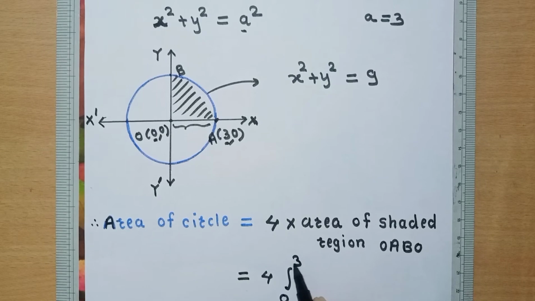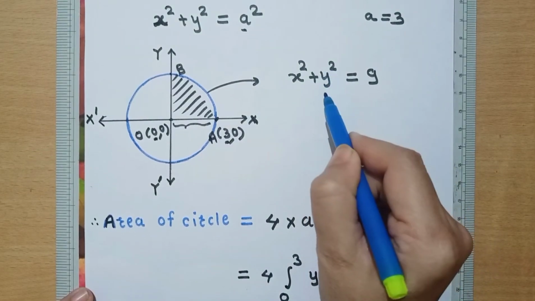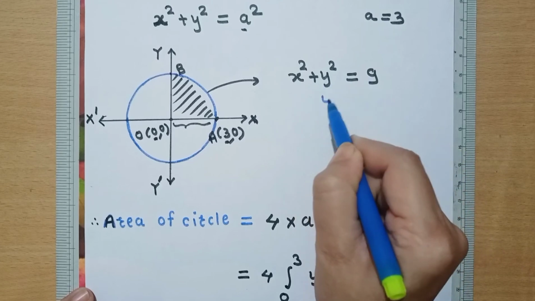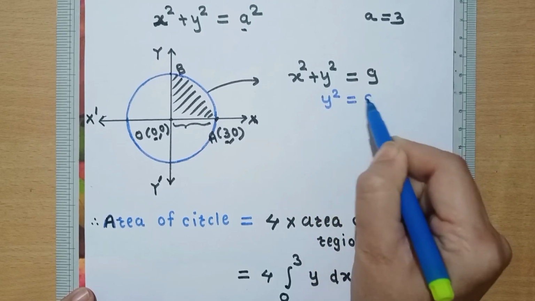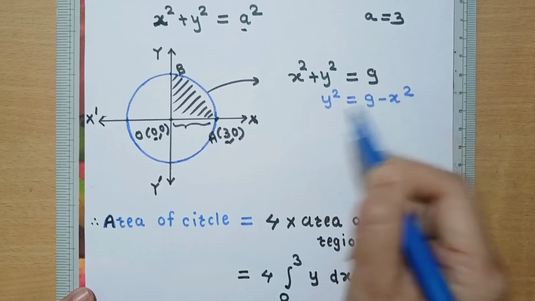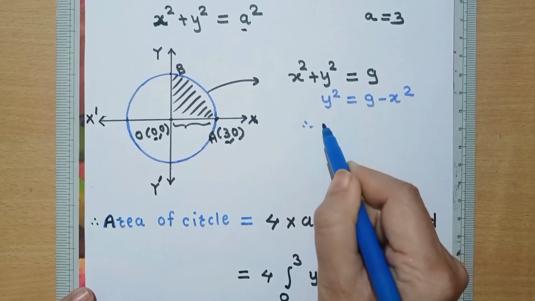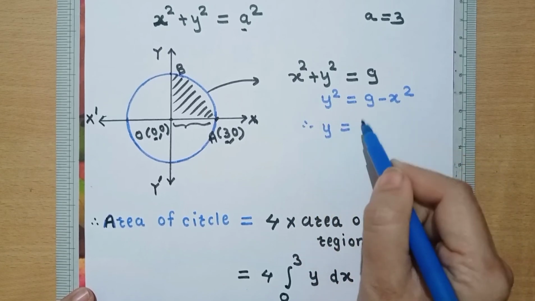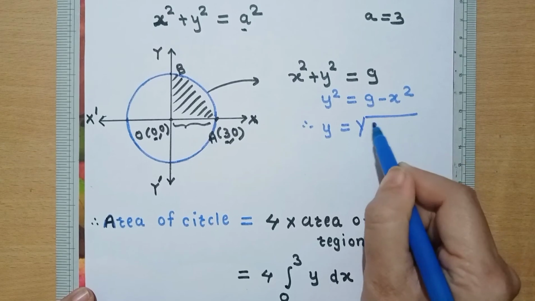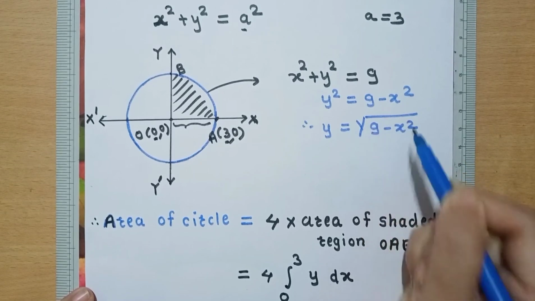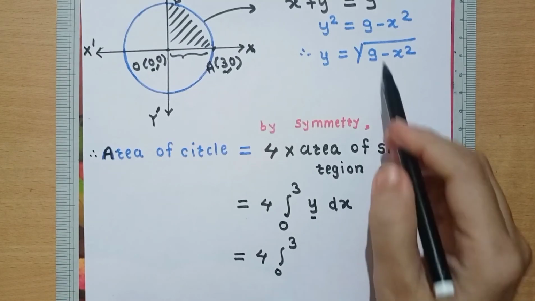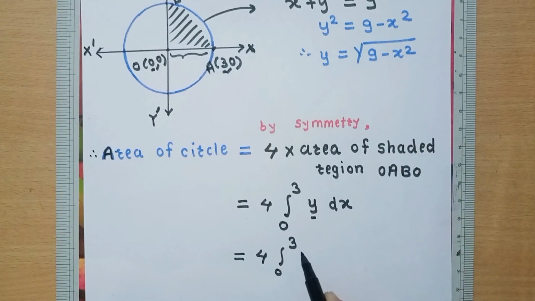So here I'll write y dx. Check now, from this equation we will move x square that side, so y square is equal to 9 minus x square, and we want simply y, so taking square root on both sides, so this also under root 9 minus x square. So instead of y we will write this, so under root 9 minus x square dx.